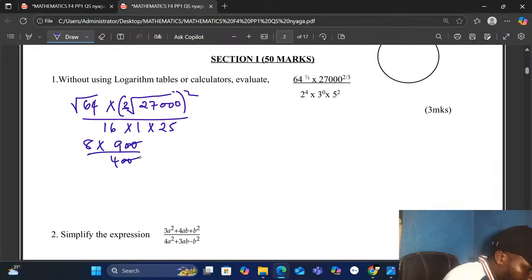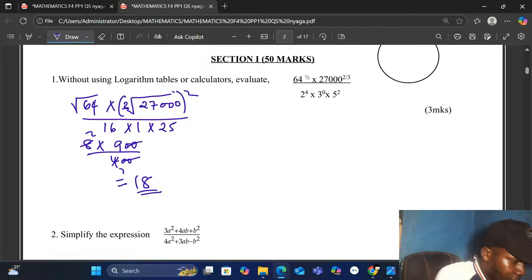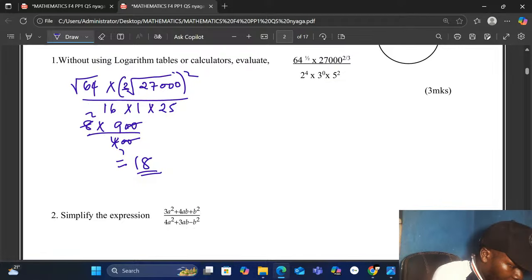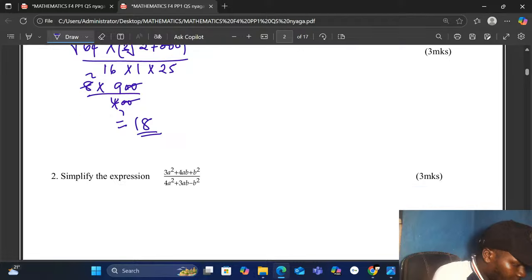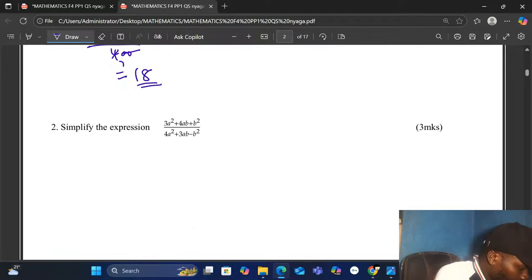So 900 over 400 gives 9 over 4, times 8, and we get 18. So that is how we simply solve this without using logarithm tables or calculator. We are simply using the laws of indices. Then we move to the next question, question number 2.